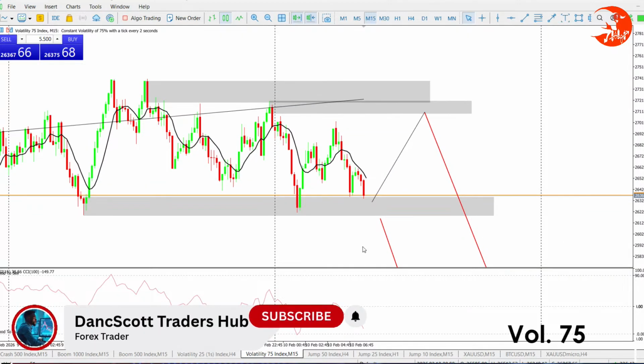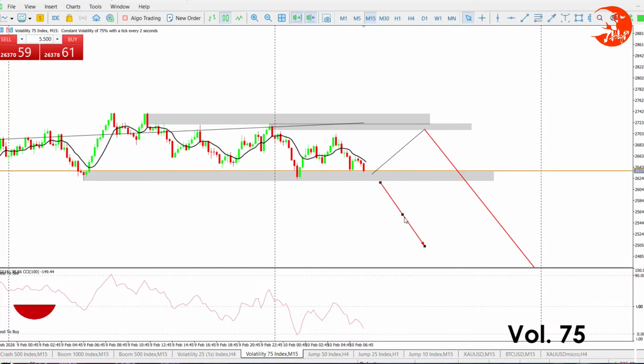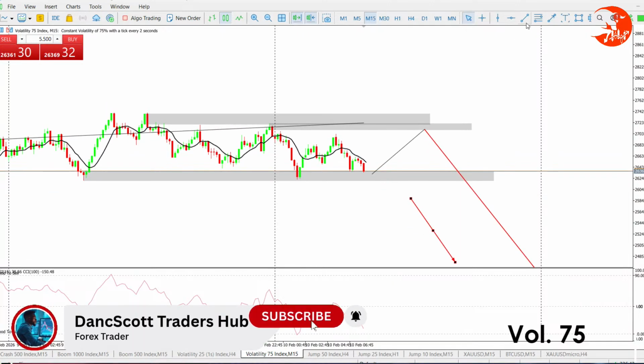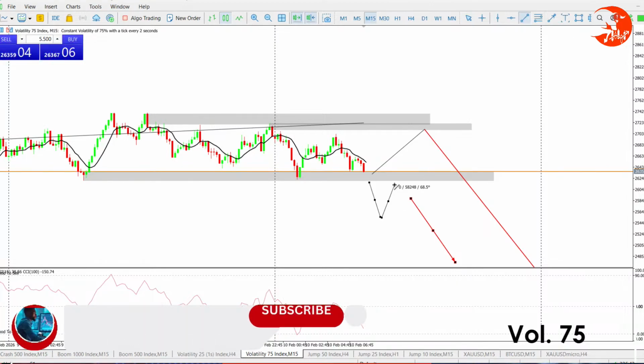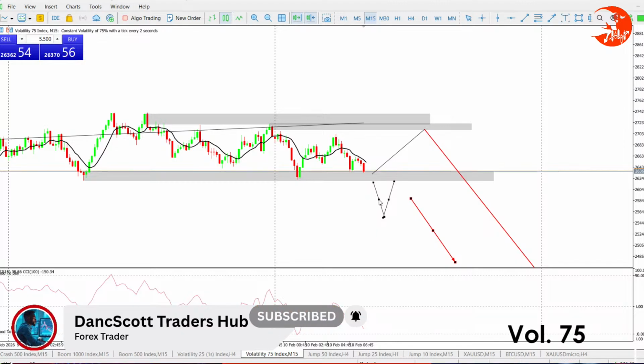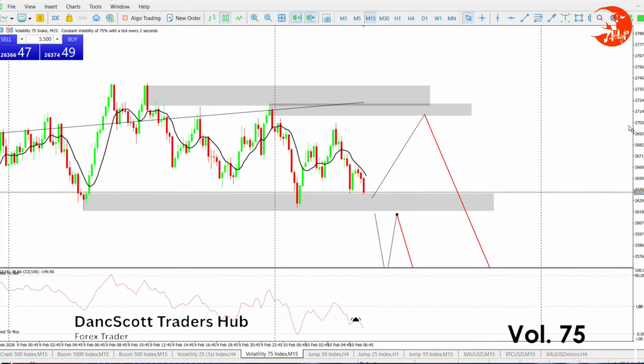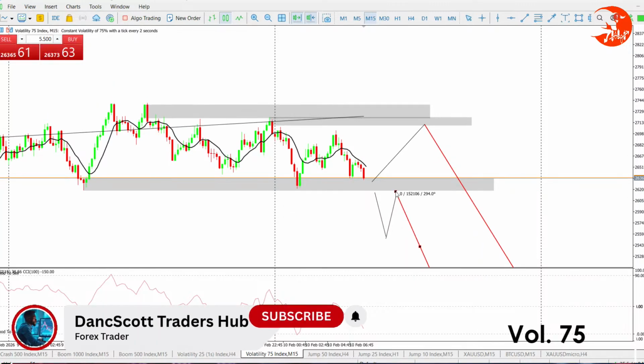If we see a breakout, then you want to see a retest after the breakout to have a perfect entry. Remember that. A retest after that breakout, and then you can come in with your sells. If you don't see this, then you don't enter sells at all.